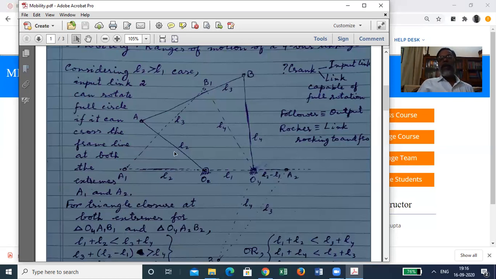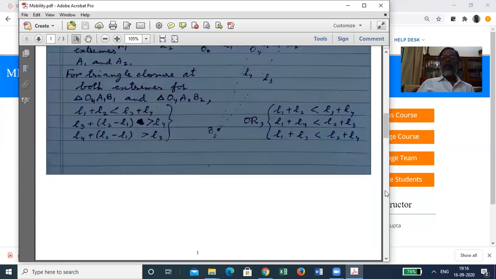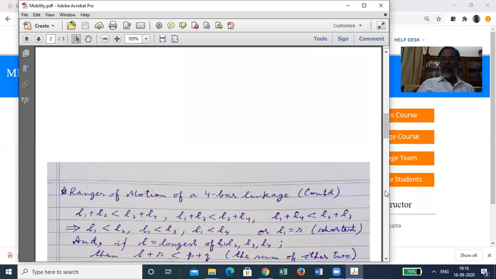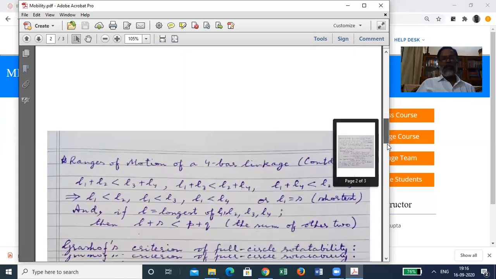So through that, you might be able to give input to this, and this is rocker, and that transforms the motion to another rocker. That is possible. So double rocker mechanisms may have some utility in certain situations, and that will be what you will get if you fix this in a Grashof linkage. So that means in Grashof linkage, you have double crank, crank rocker, double rocker, all cases.